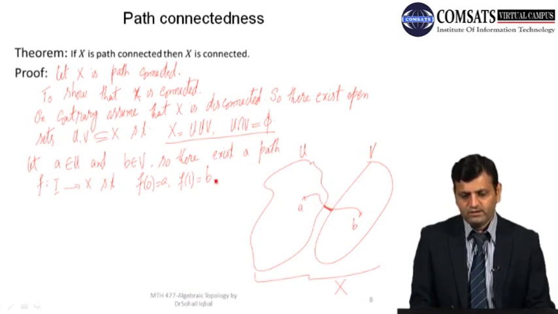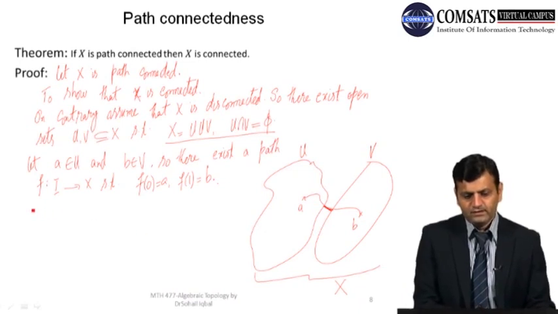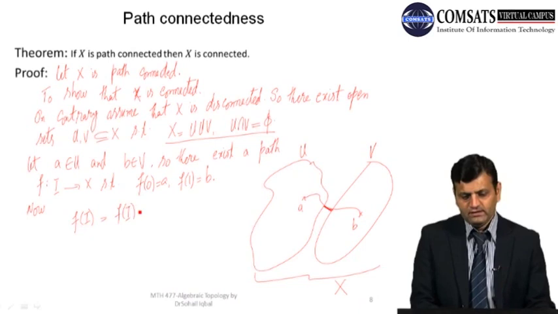Let's see how to write this down mathematically. Now f of I can be written as f of I intersected with U union f of I intersected with V.